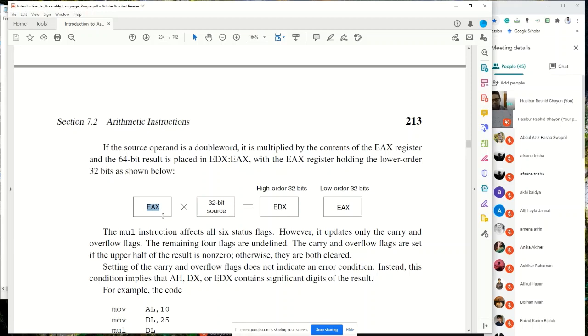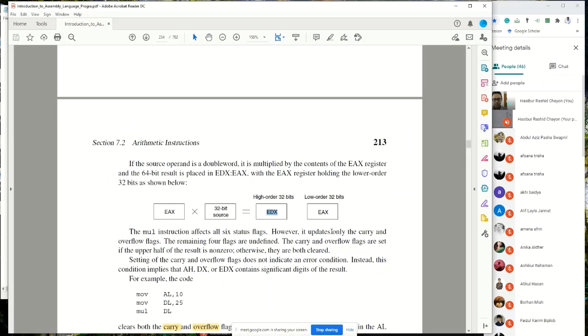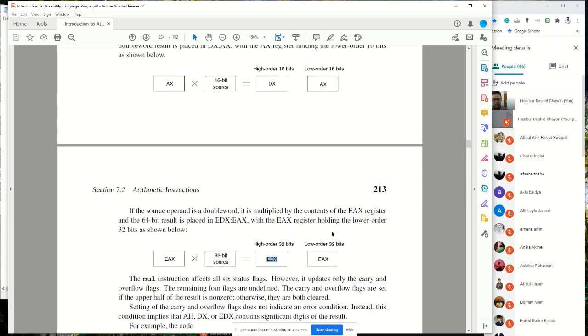Both are used for this kind of multiplication and division. If it is 32-bit multiplied by a 32-bit number, the result should be stored in a 64-bit location, but we don't have any 64-bit register. So the lower part of the 64-bit result is stored in EAX, a 32-bit register, and the higher part in EDX. That's how we do multiplication of 8-bit, 16-bit, and 32-bit.